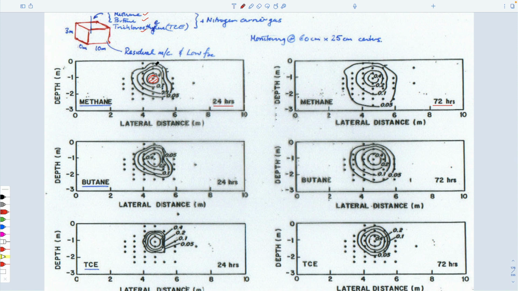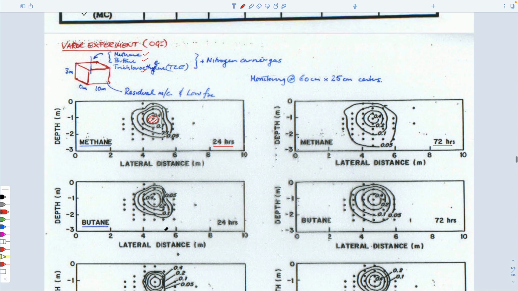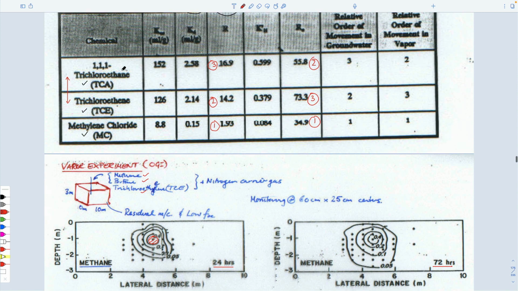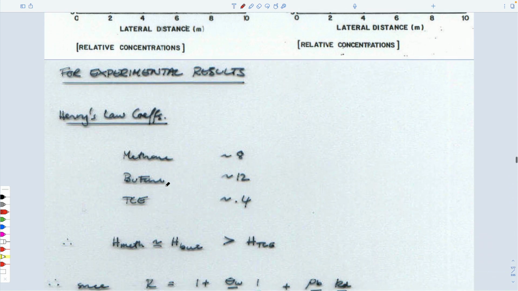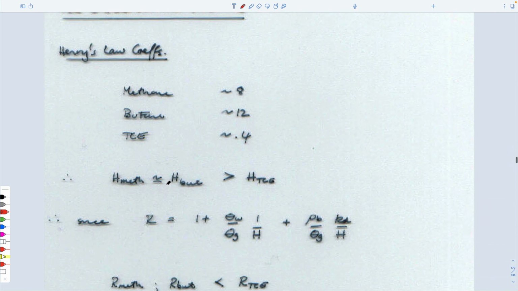And so this is also some exposition of the impacts of the retardation factor in controlling the rates at which these components will diffuse, and the order in which they arrive is inversely proportional to the Henry's law coefficient, right? We know that the retardation is inversely proportional to 1 over the Henry's law coefficient.